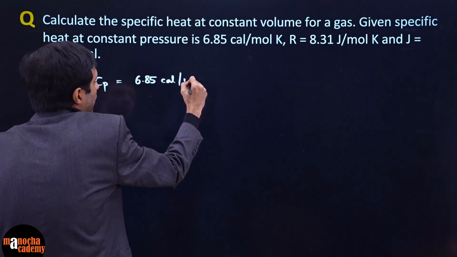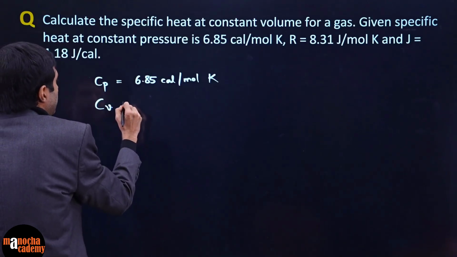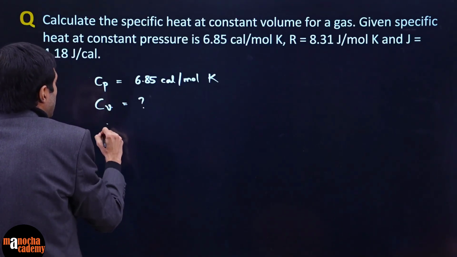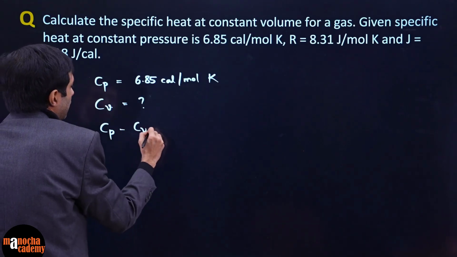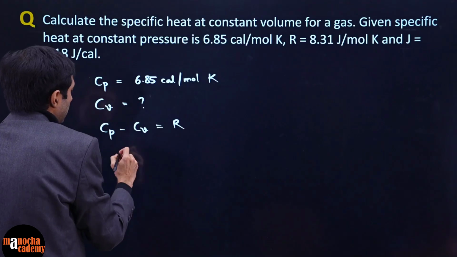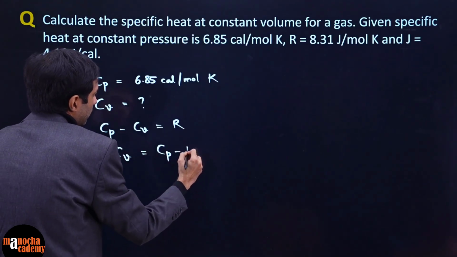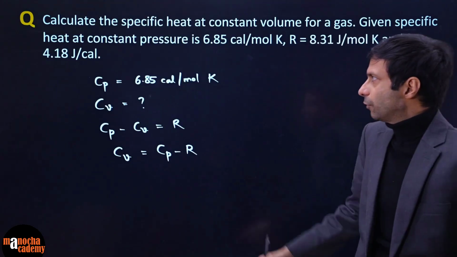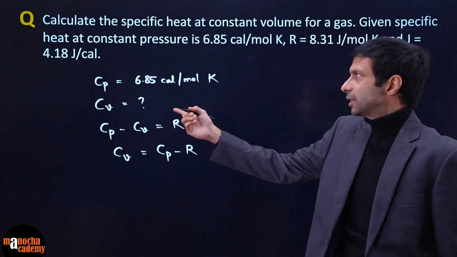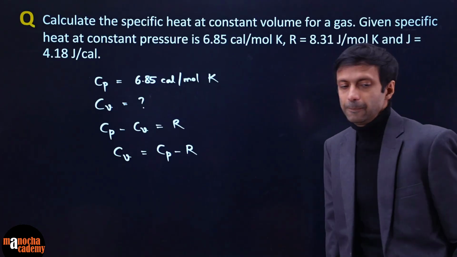They've given us the unit of calorie per mole Kelvin, and they're asking what will be the Cv. We know that Cp minus Cv is equal to R, or we can say that basically Cv is Cp minus R. So can you calculate that for me? That's basically what they're asking, right?